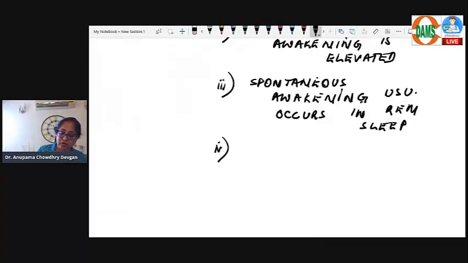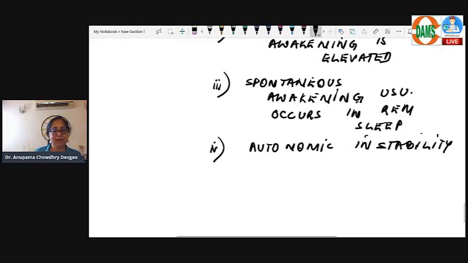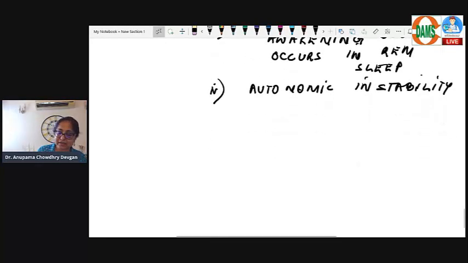Then another paradox: this is a period of autonomic instability. REM sleep is autonomic instability. What is autonomic instability?